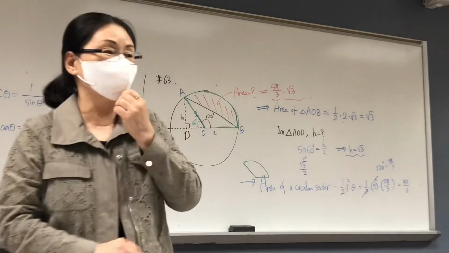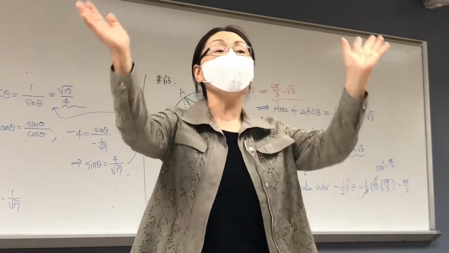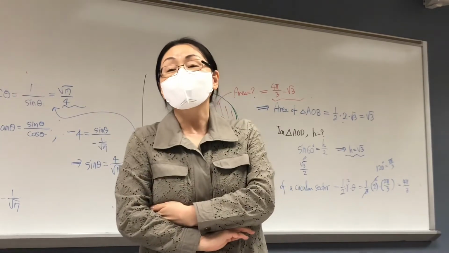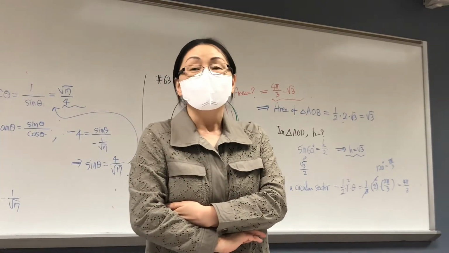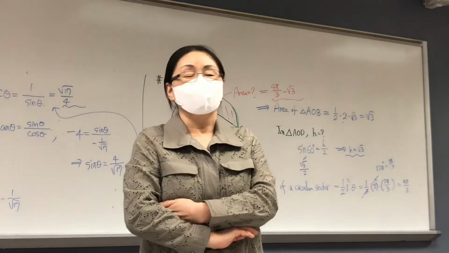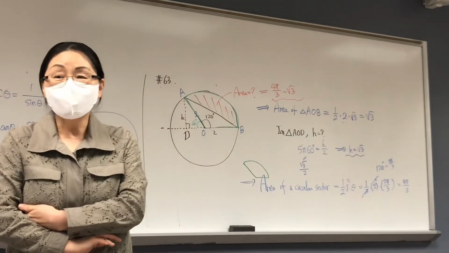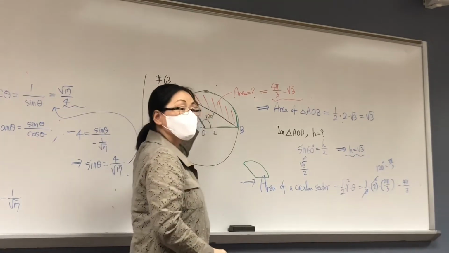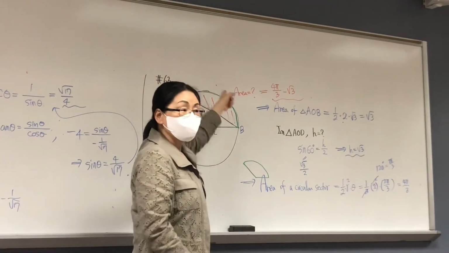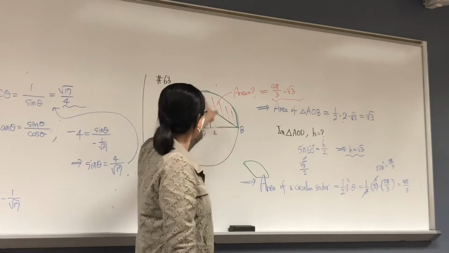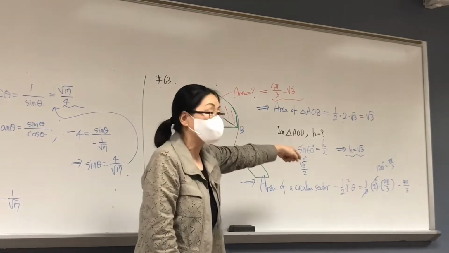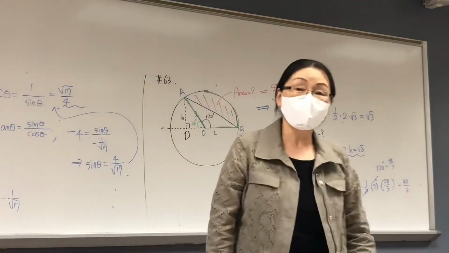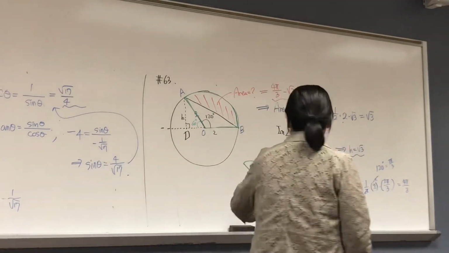And what's the total circumference of a circle? The circumference is 2 pi r. You understand what I mean? What's the arc length of this? r theta. So 2, and then theta is what? 2 pi over 3. So your arc length is 4 pi over 3. Yes, so you should know.